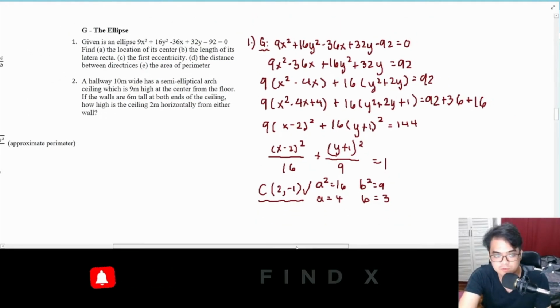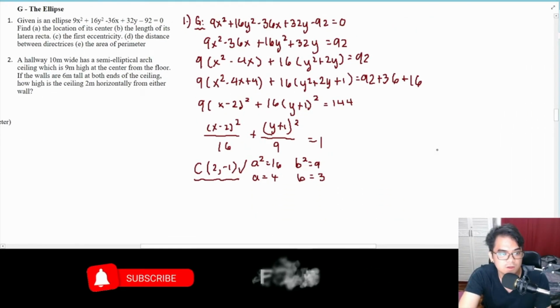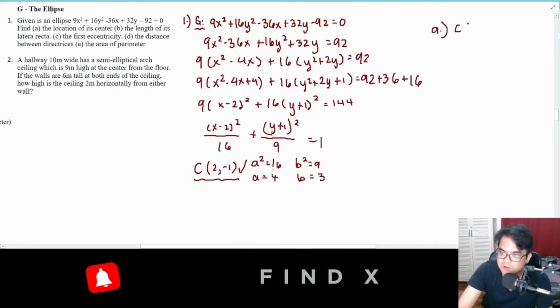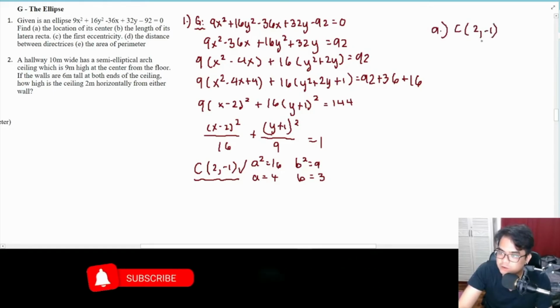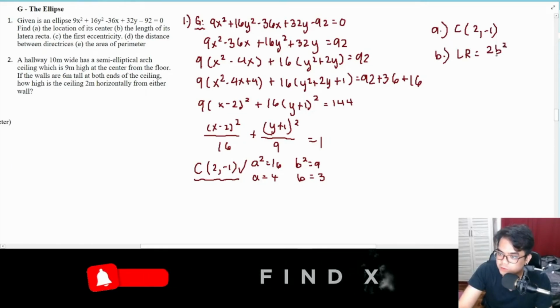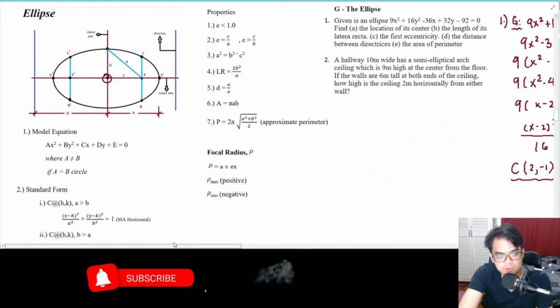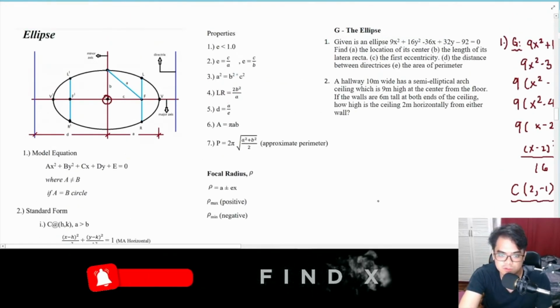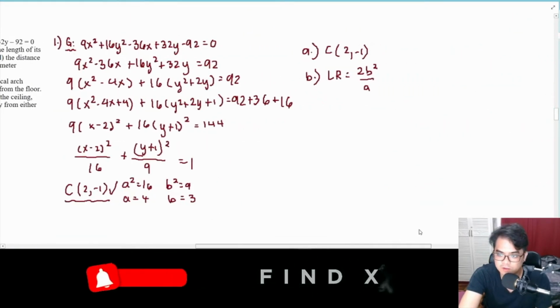So this will be your answer. So what else are we asked to find? The length of its latera recta. We already have the answer for A, which is the center at 2 and negative 1. So for letter B, LR is equal to 2b squared over a, right? Let's go back to the formula, latus rectum, which is 2b squared over a.